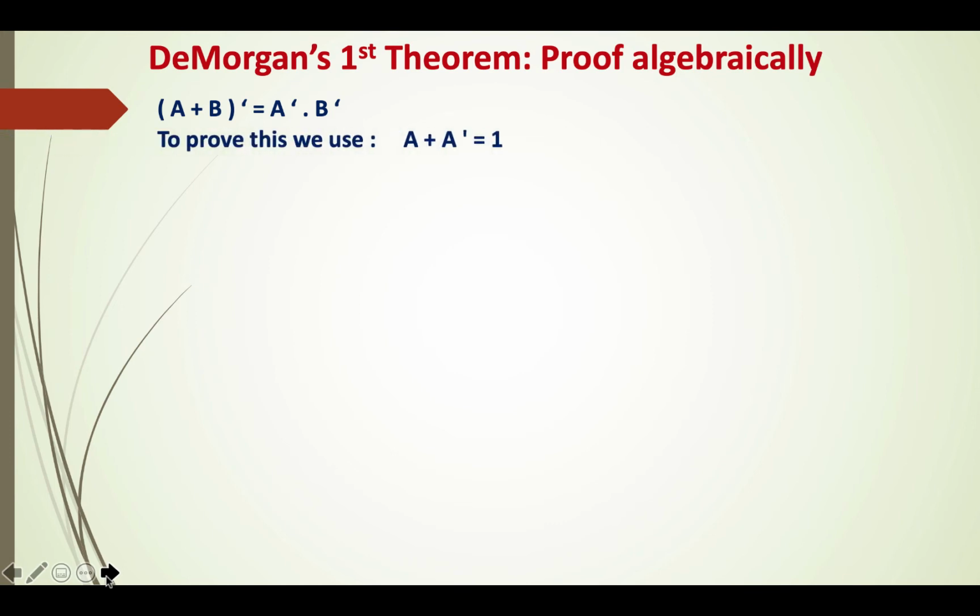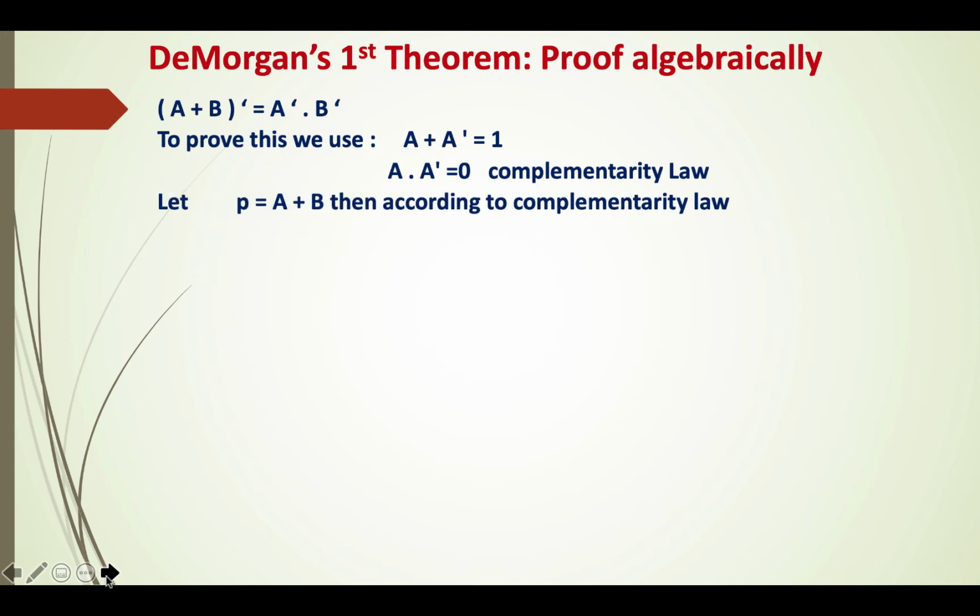As we know, we have some identities: A plus A complement equals 1 as per the complement rule, and A into A complement equals 0 as per the complementary law.